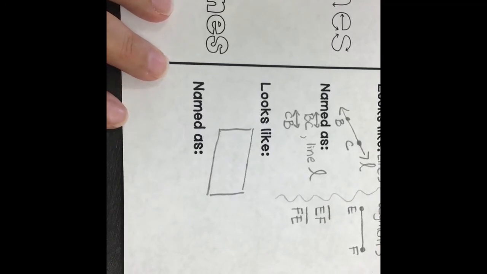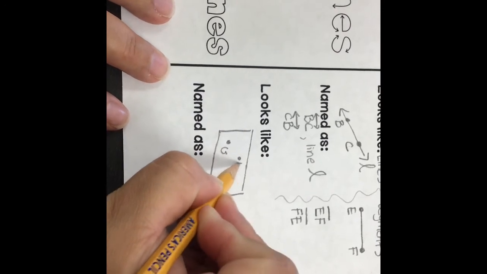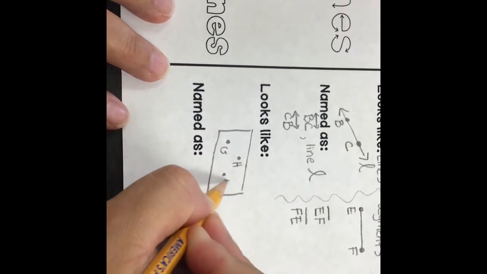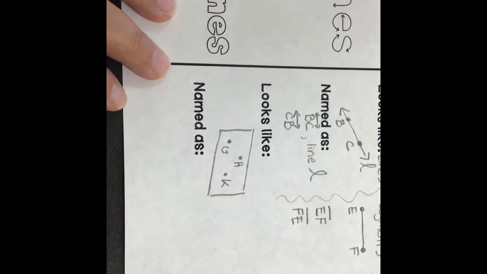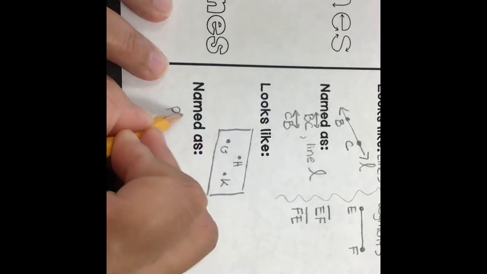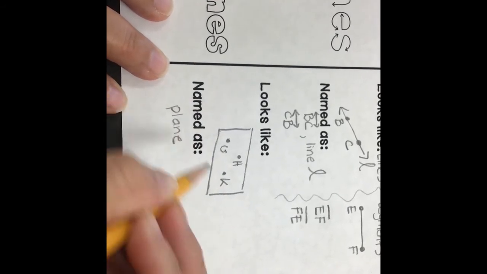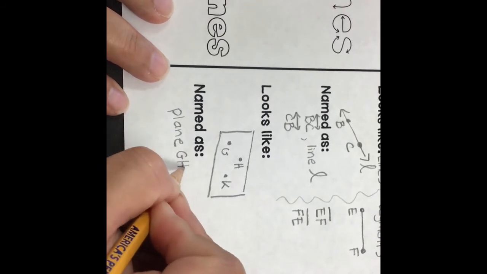The plane needs 3 points, G, H, and K is what I'm going to name mine. But to name a plane, we have to write the word plane and then write the 3 letters, G, H, K.